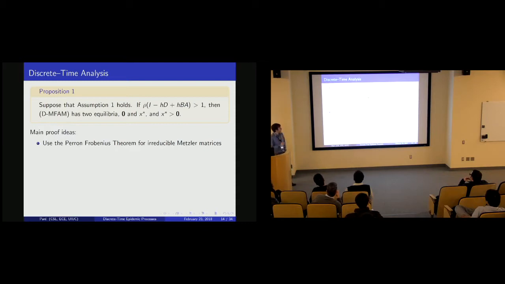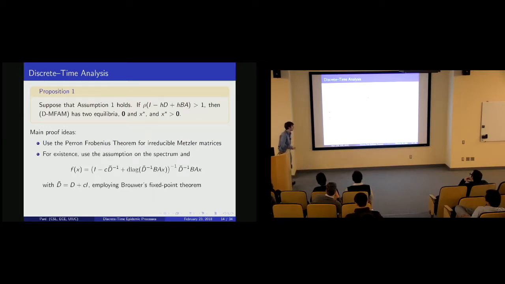So here is a quick sketch of the proof ideas. We're using the Perron-Frobenius theorem for irreducible Metzler matrices. A Metzler matrix is pretty much where all the off-diagonals are non-negative. Perron-Frobenius shows a relationship between the maximum eigenvalue and the corresponding eigenvector, showing that it'll have this form.